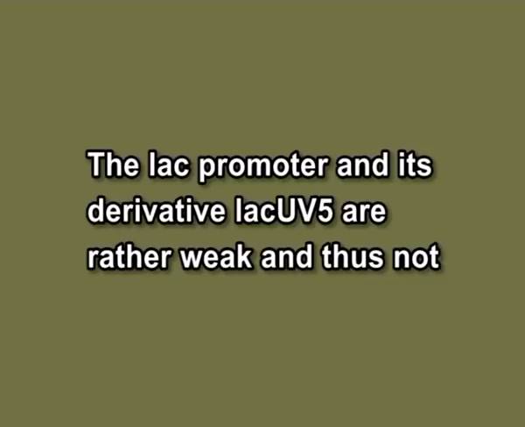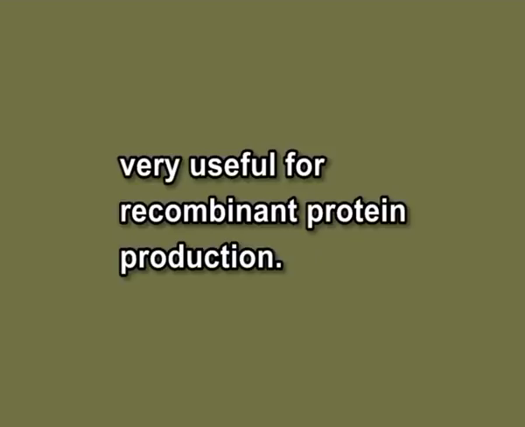Basal expression control can be achieved by the introduction of a mutated promoter of the LAC-I gene called LAC-IQ that leads to higher levels of expression, almost tenfold that of LAC-I. The LAC promoter and its derivative LAC-UV5 are rather weak and not very useful for recombinant protein production.